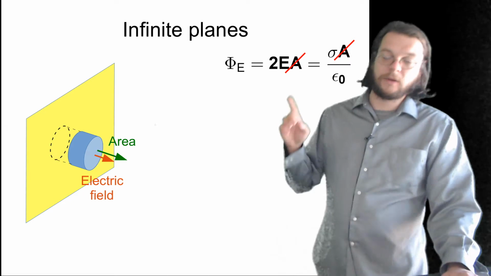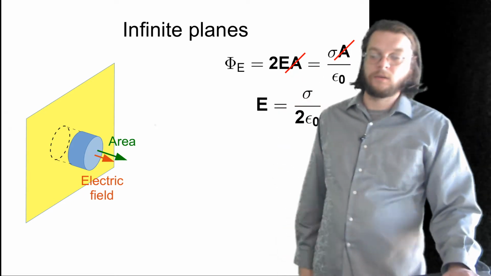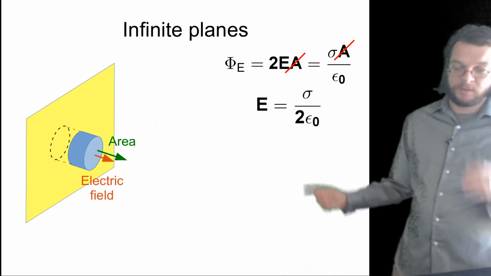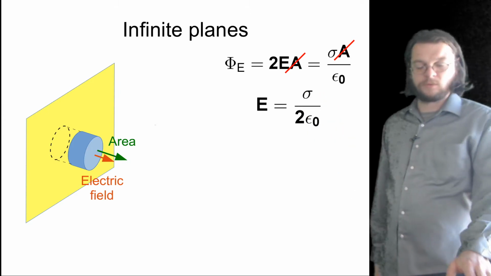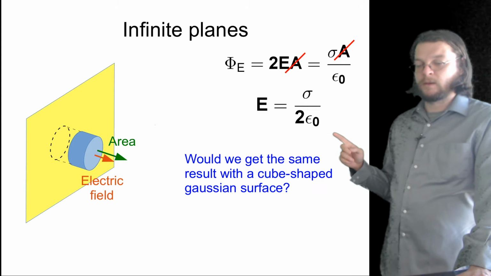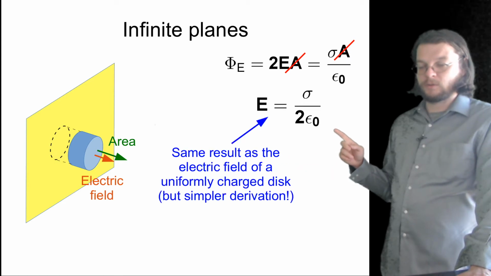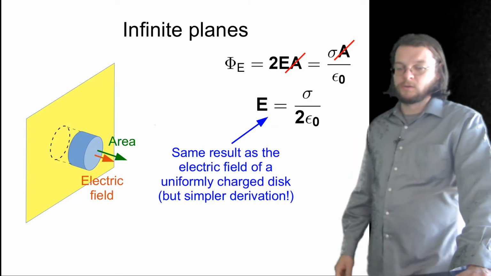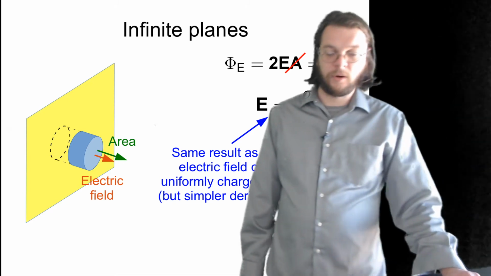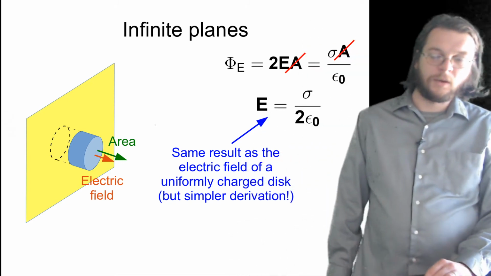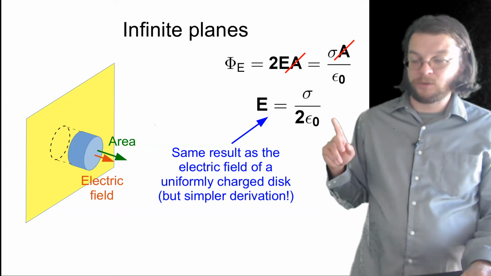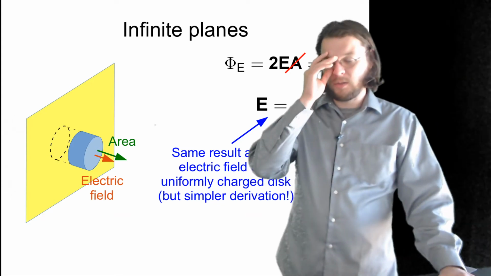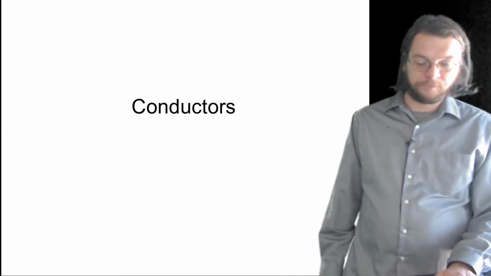Those things cancel each other out, and it allows us to solve for E. You divide both sides by 2, and you get E equals sigma over twice epsilon naught, where sigma is the total charge over the total area. There you go. So that's ultimately where this equation came from on the worksheet from a day or two ago.